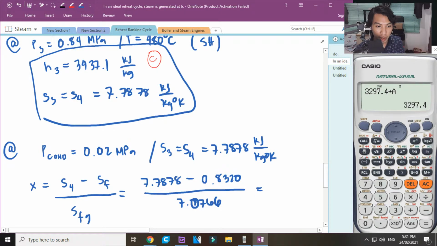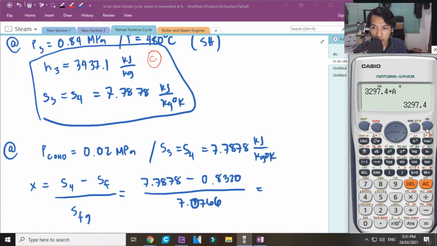Oh, calculate natin. 7.7878 minus 0.832 divided by 7.0766.